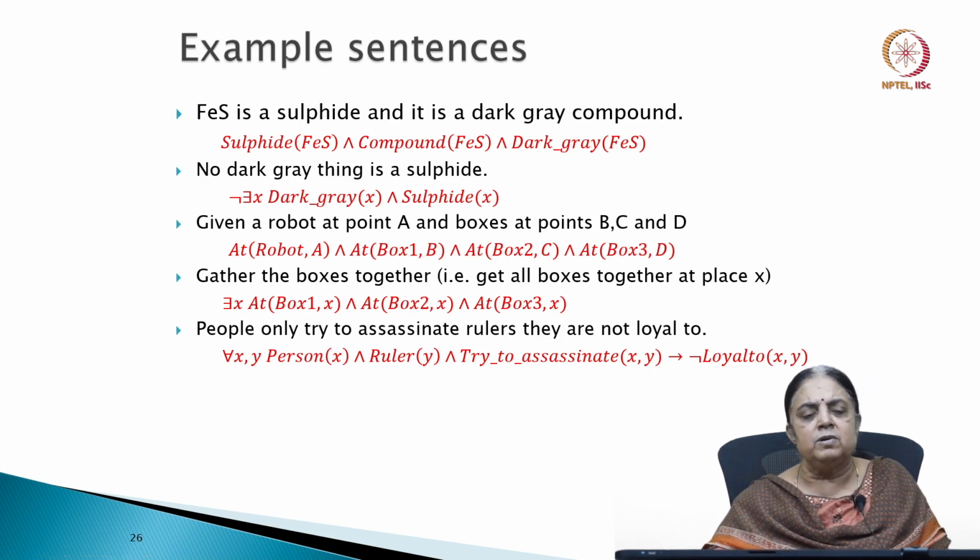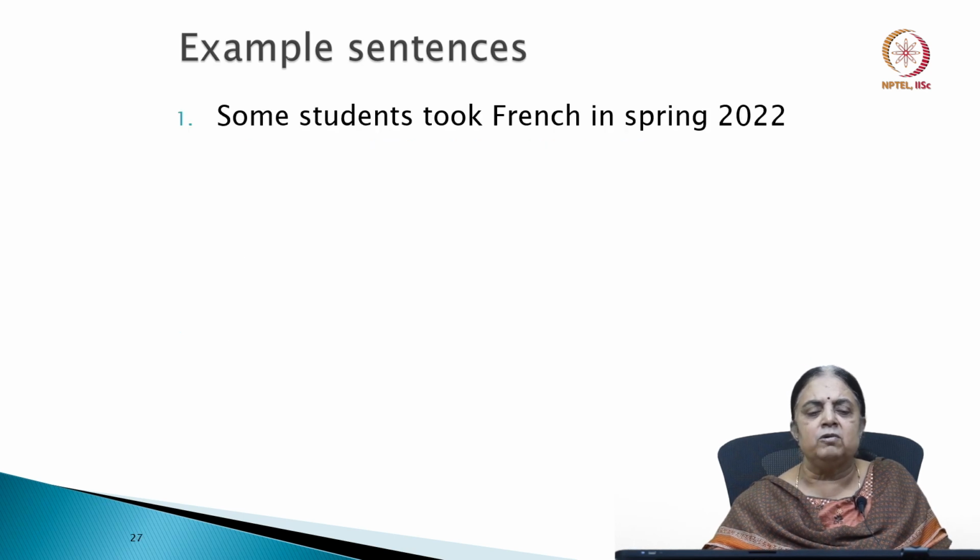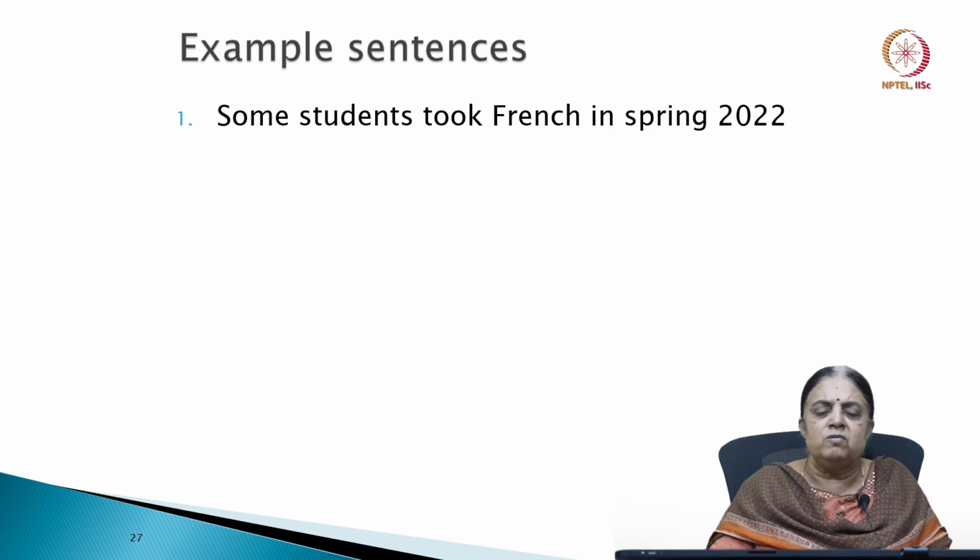What I am going to do now is go through a number of sentences which have been represented in predicate logic. Some students took French in spring 2022. How would we represent this? We have to say that there exists at least one student X who took French in spring 2022.